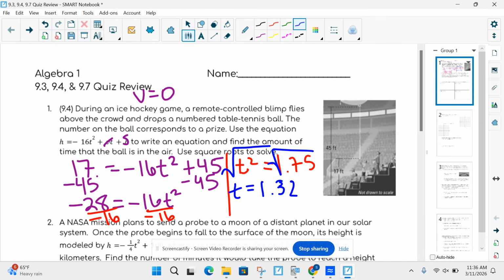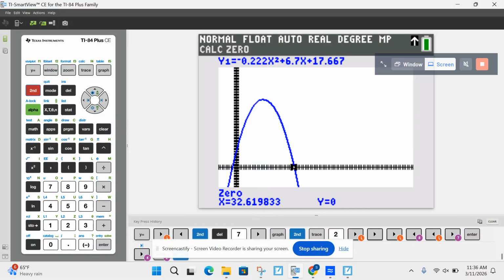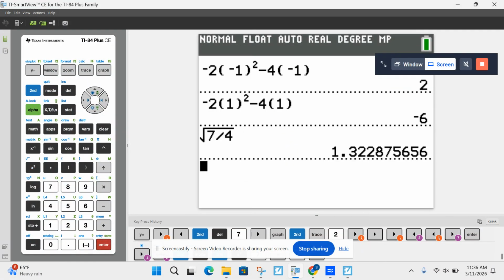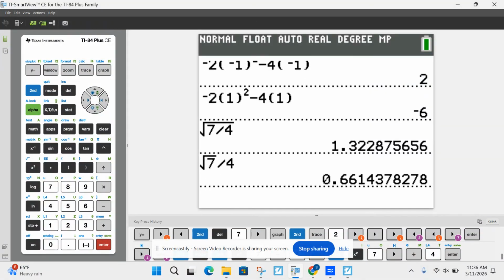Well, yeah, the square root of 7 over 4. Maybe you did the square root of 7 and then accidentally put the 4 on the outside? Yeah, that's what you did. You see the difference? That was a negative number.